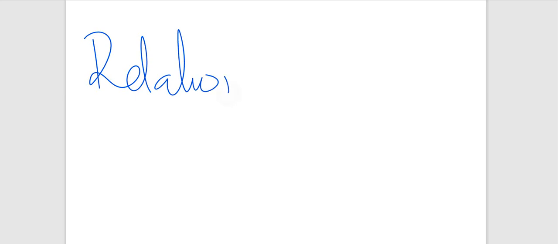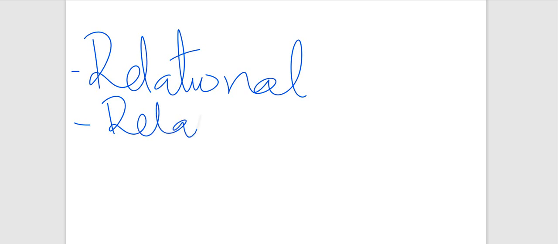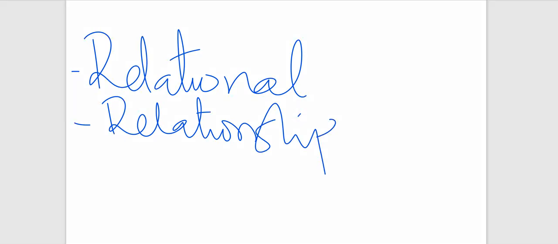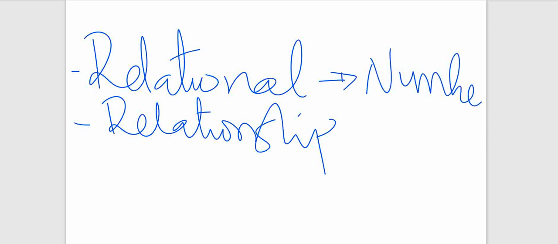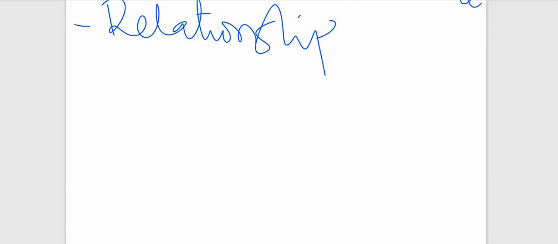So relational numbering, this word is coming from where? Relation, relationship. Which means there is a connection between the owner of this number, between the person and the number. Now let me ask you, are you related to any number of any kind?